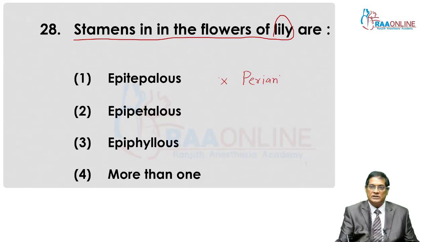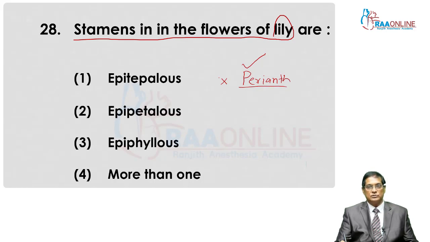In the flower there is no distinction between calyx and corolla. They look like a structure termed perianth. This is feature 1 of the Liliaceae family. The units are called tepals.